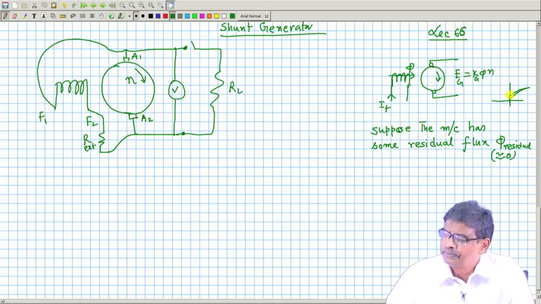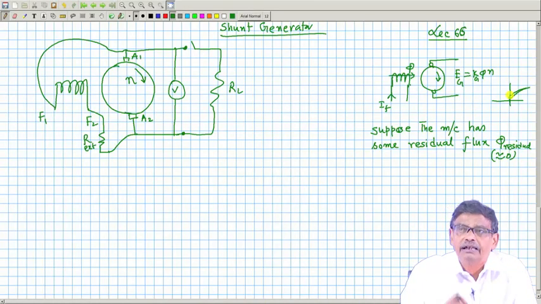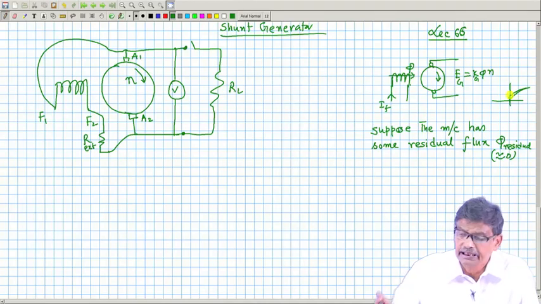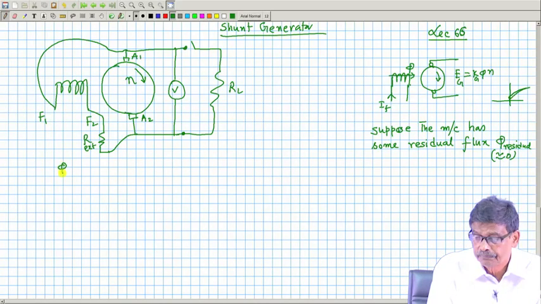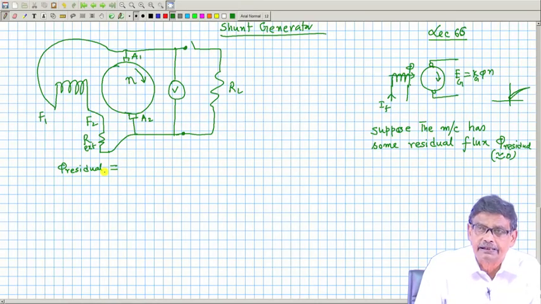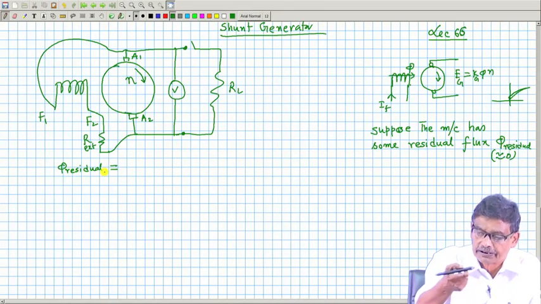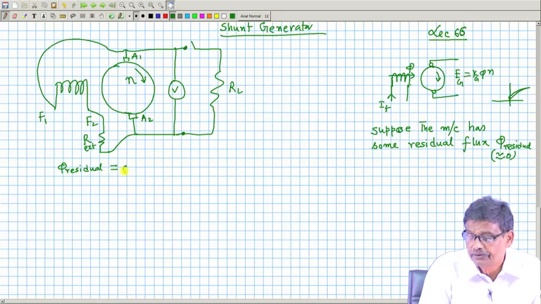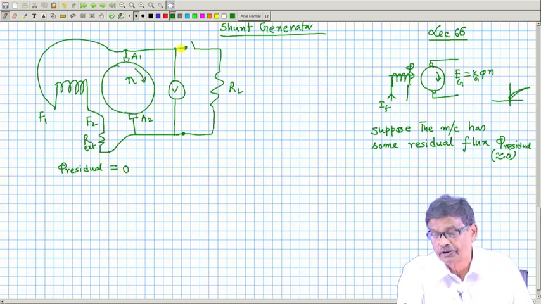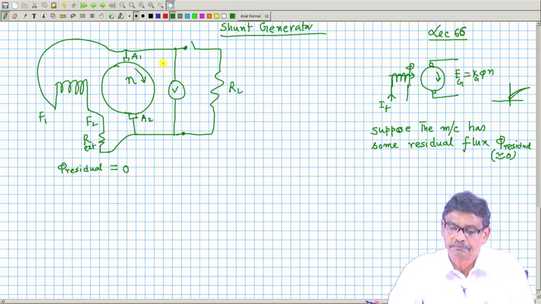Therefore, perhaps a very small residual field may be there, may not be there. If it is a new machine, it may not be there. So, if phi residual is 0, which the machine might have inherited because of earlier operations, then of course my answer is very straightforward: no voltage will be available, game is over.